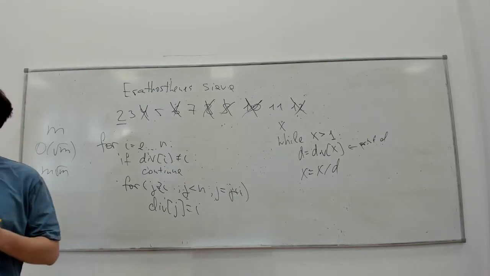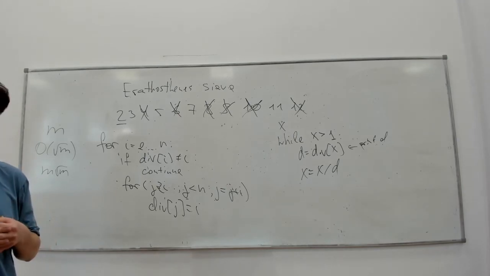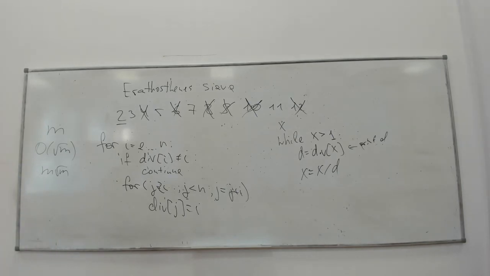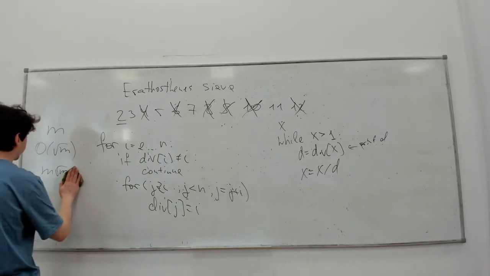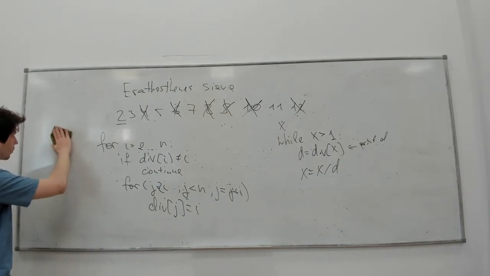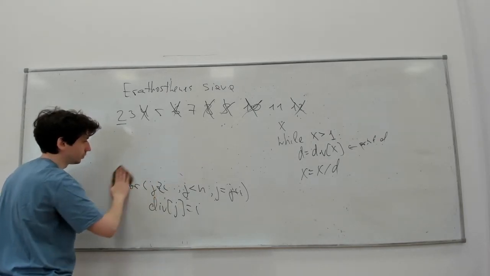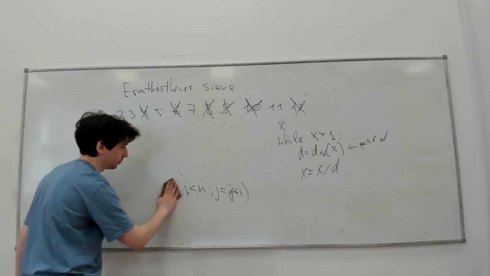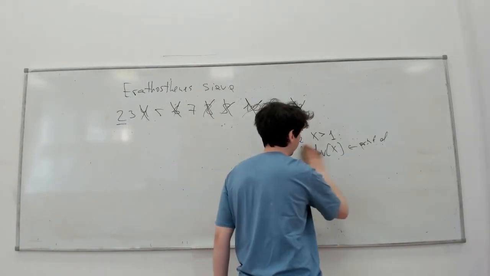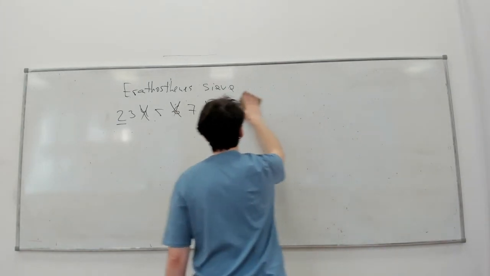That is how you do the factorization generally on the prime numbers. This was Eratosthenes.